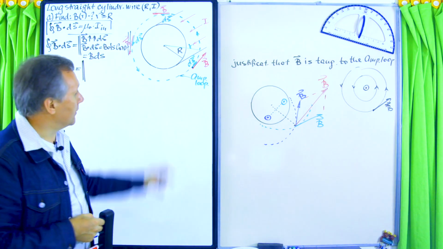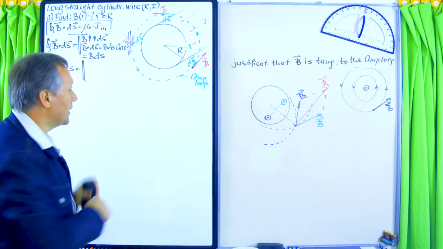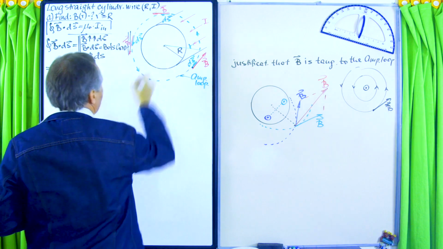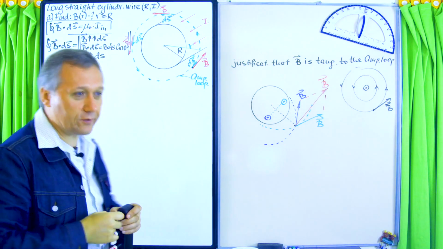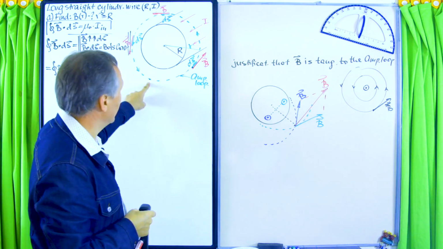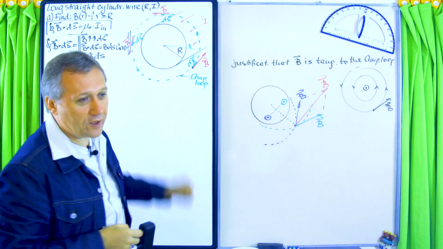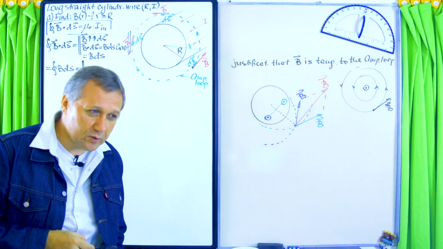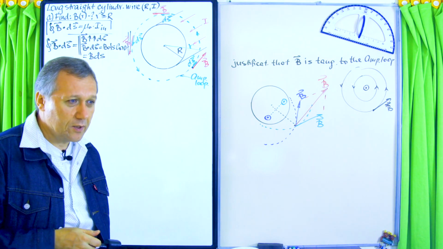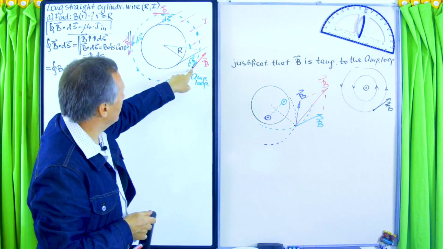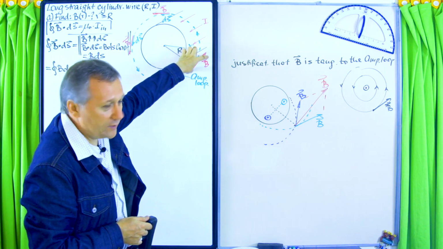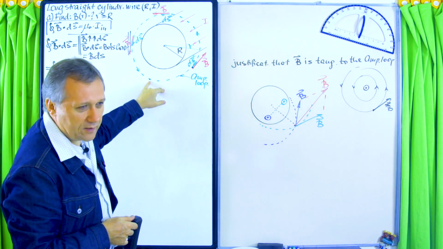Now imagine you move yourself to this point, and again look at the distribution of current which creates your magnetic field at this point. Will the distribution of current be any different? It will be exactly the same, because we have cylindrical symmetry. So if you have exactly the same distribution of current like here, the magnetic field strength over here and here will be exactly the same.